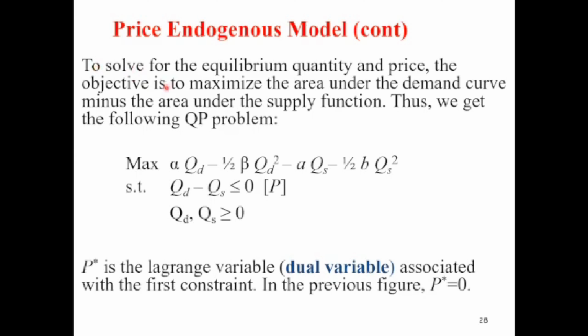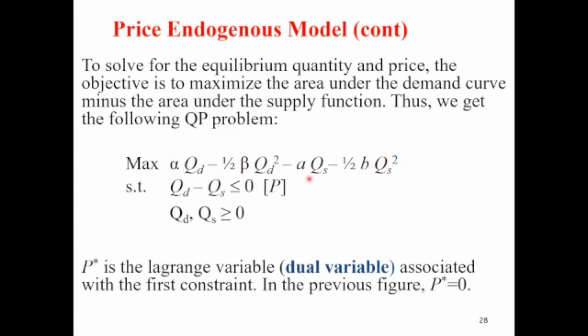To solve for the equilibrium quantity and price, the objective is to maximize the area under the demand curve minus the area under the supply function. That would give us the following quadratic programming problem, where alpha QD minus 1/2 beta QD squared minus A QS minus 1/2 B QS squared.